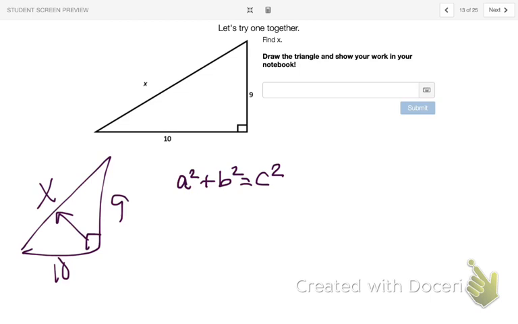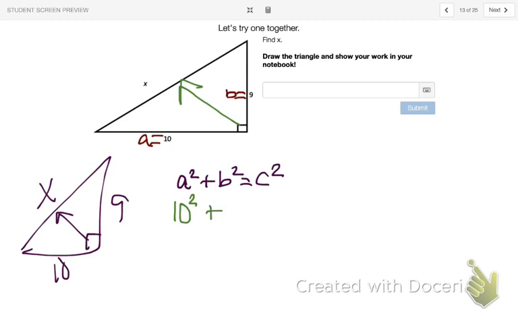Then we want to substitute in our known values. So I know that a equals 10 and b equals 9. If you put them backwards, that's totally fine. The legs can be either way. The important piece is that we know that x is going to be separate. So a equals 10, so I'm putting 10 in for a and writing down that squared.